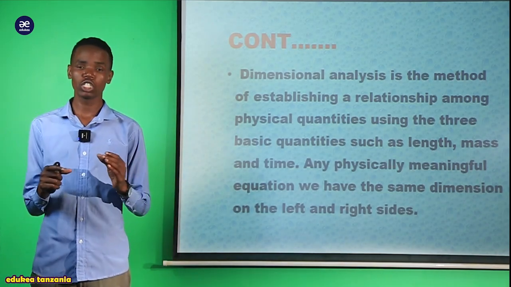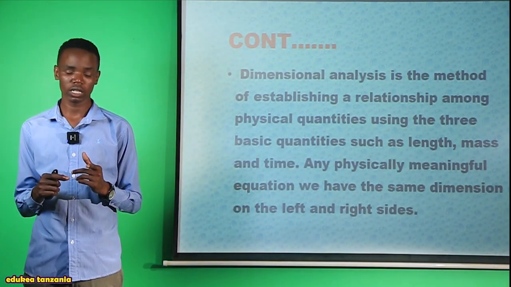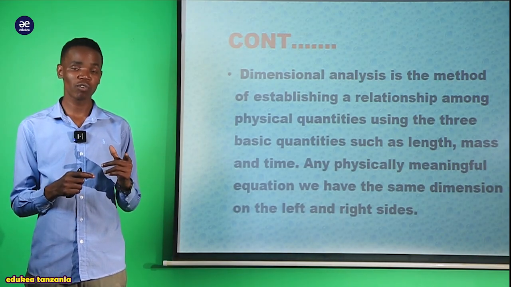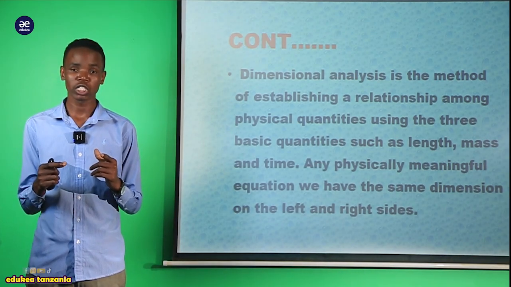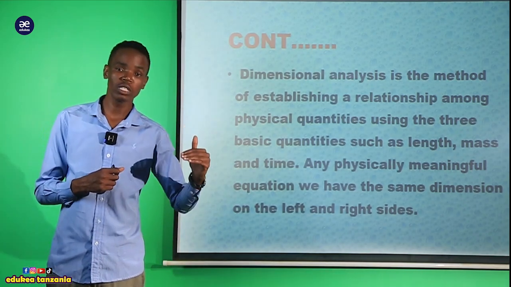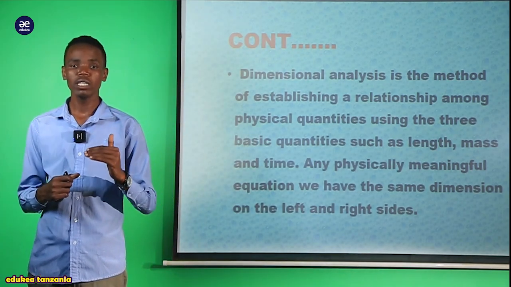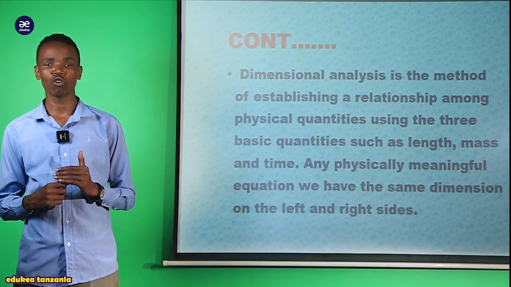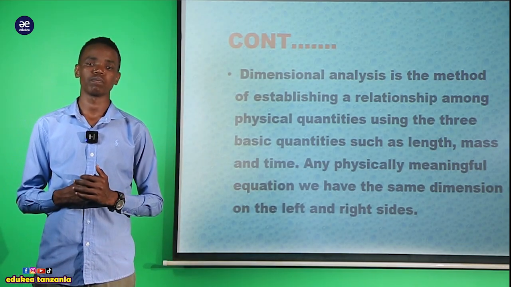There is a condition that we are going to see on how we can prove that an equation is dimensionally correct. It means that the dimensions found on the left side must be the same as the dimensions found on the right side.